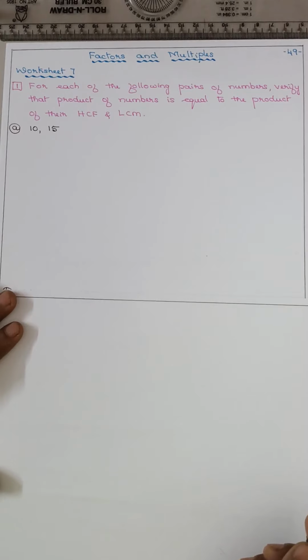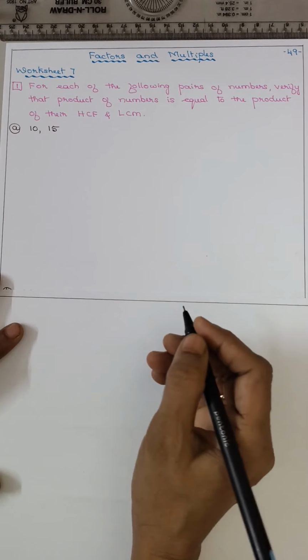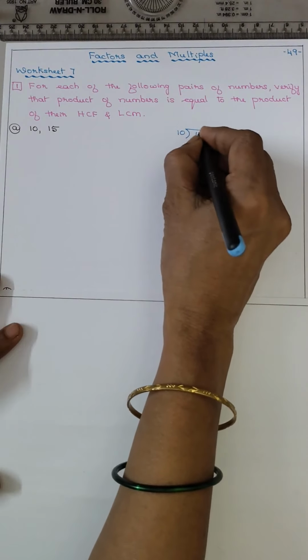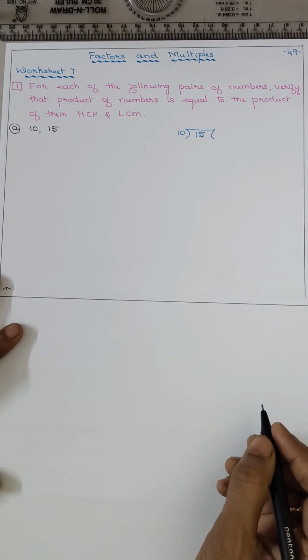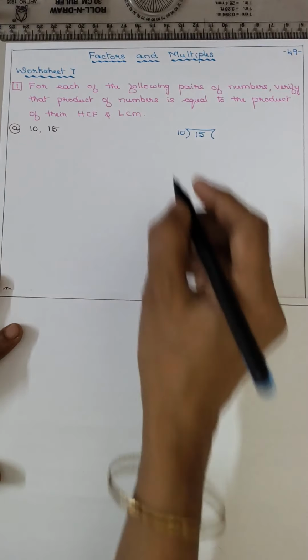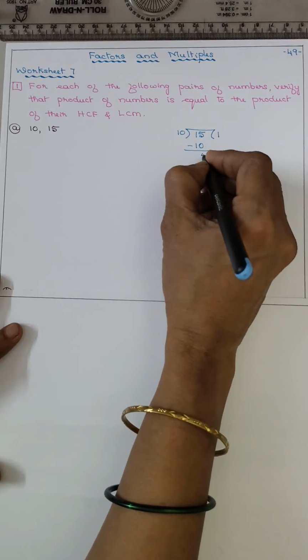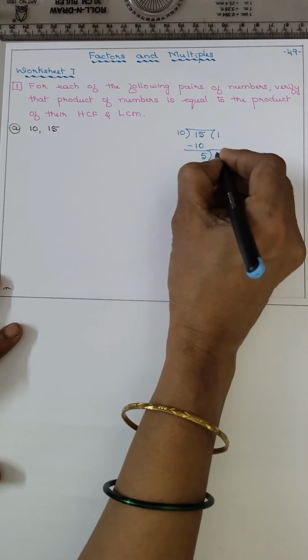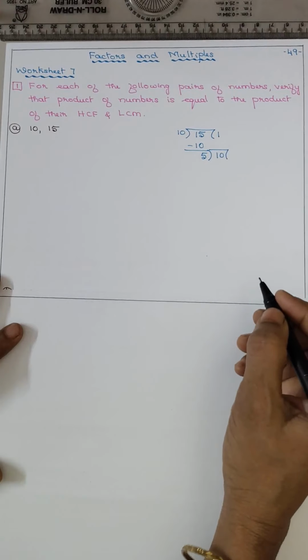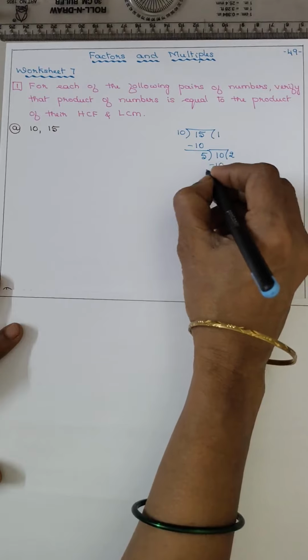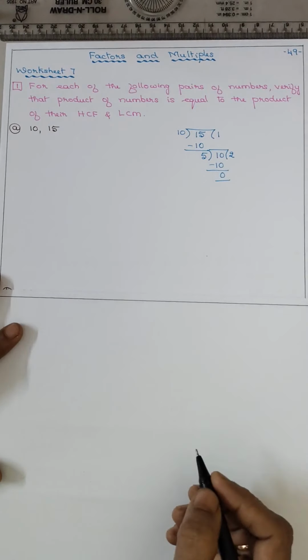Okay, first we will find out the HCF and LCM of the given numbers. So first we will write 10 and 15. Take the HCF: 10 ones are 10, 5 remain. 10 should be written inside, that is the dividend. 5 twos are 10, you got 0 remainder.